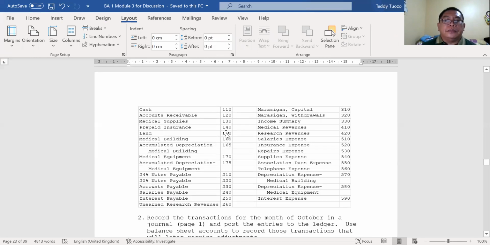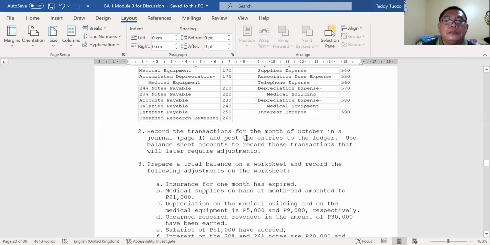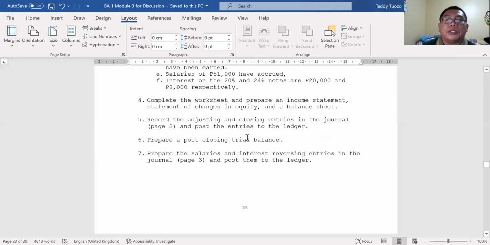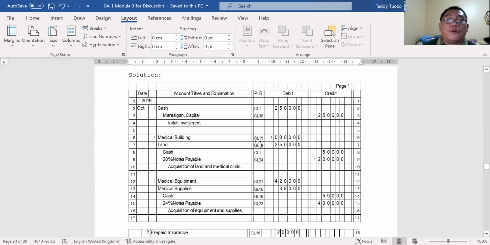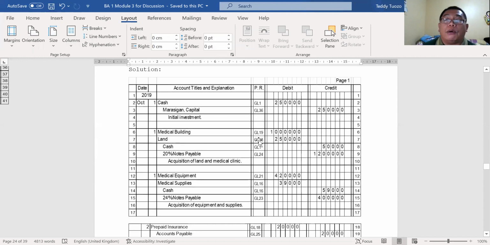Okay, you are told that in the problem, these are the account titles that we're going to use, no? For the problem. I want you to study that one, no? Be careful. I have already an example here of the posting reference that ono man dyan siya, that the cash is posted to the general ledger number 1.